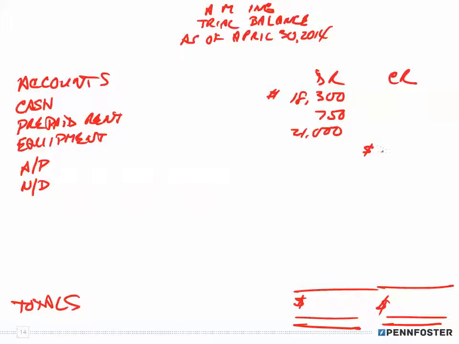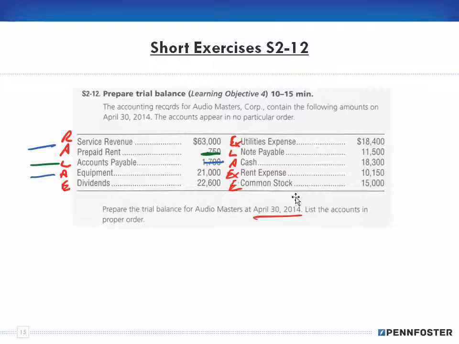So we're going to move over to the credit column for $1,700, and $11,500 for the notes payable, and notice the dollar sign for the first number in that column. Then after liability accounts, we look for our equity accounts. Our equity accounts are dividends and common stock.